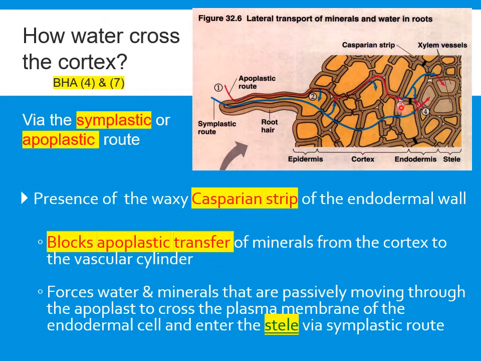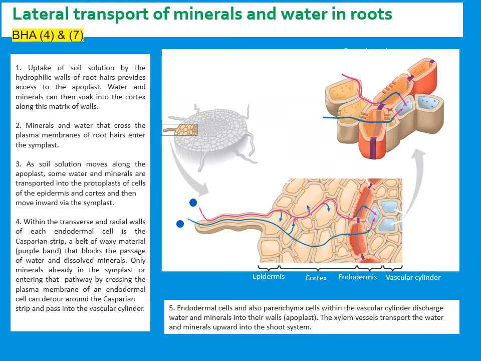So it has to cross, and then change into what? Change into the symplastic route. So it blocks the apoplastic route and forces the water that is passively moving through the apoplast to cross the plasma membrane and then enter the stele. Stele means the middle part, through what route? Through the symplastic route. Understand? Okay.